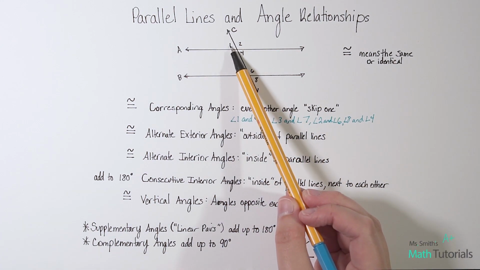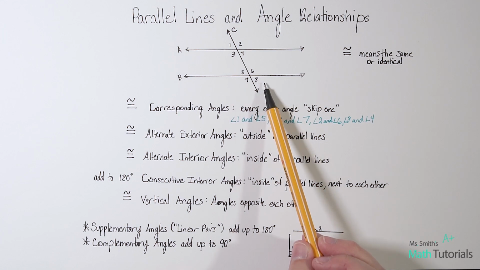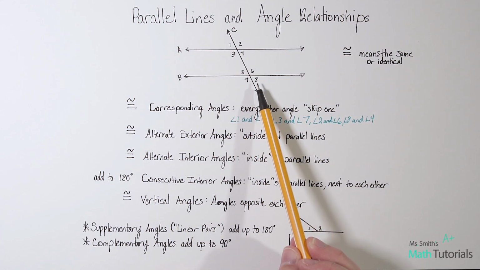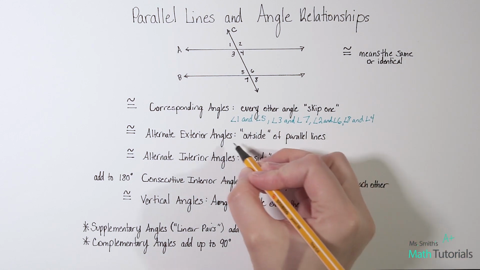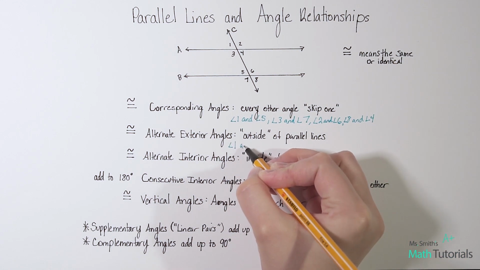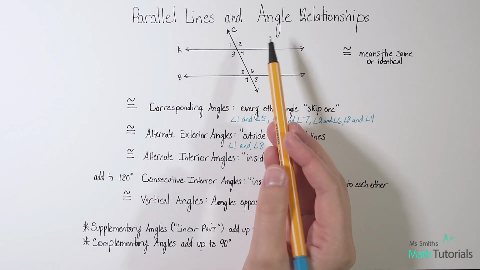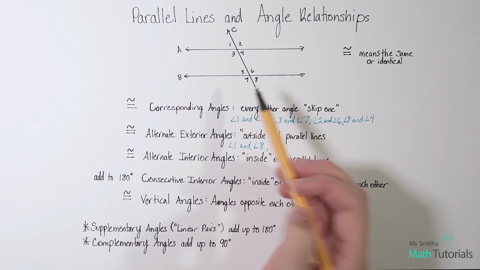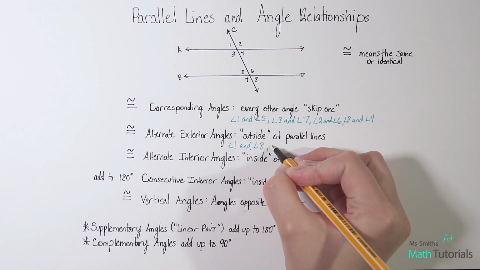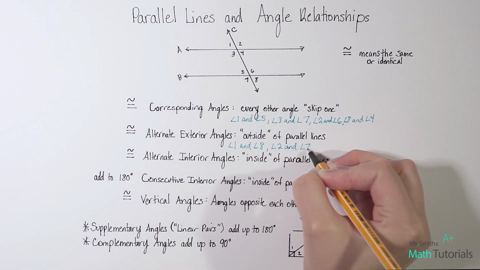So 1 would be an alternate exterior angle with 8. They're on opposite sides of the transversal. We've got angle 1 and angle 8. And then we also could say angle 2 and angle 7. Those are also alternate exterior angles.